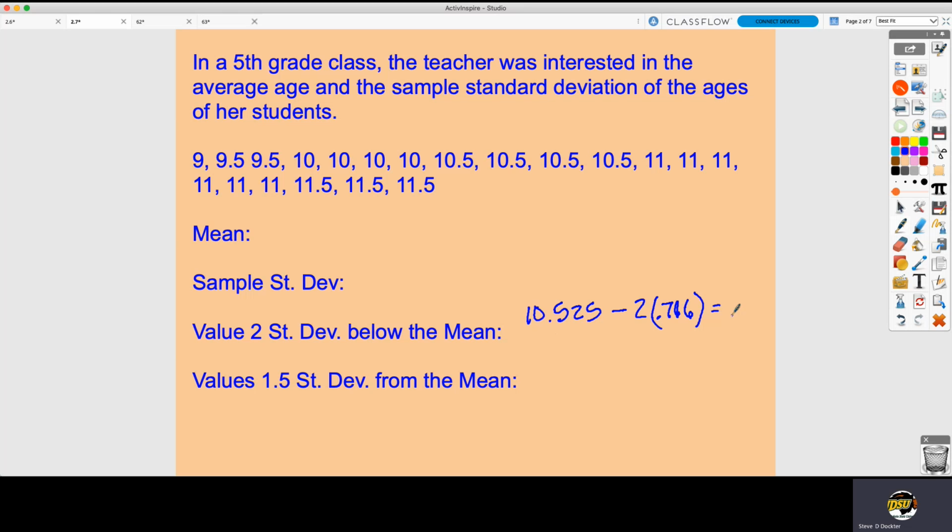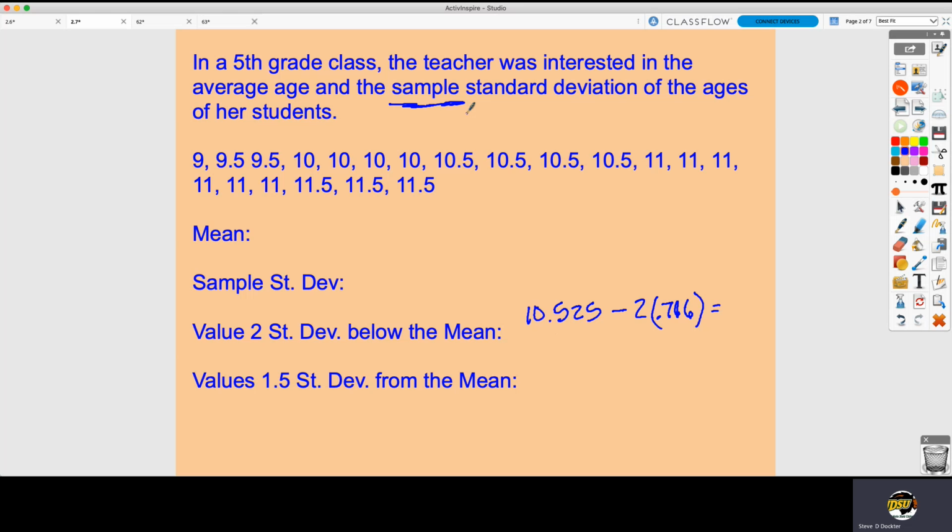Because that's what this question was asking. It was asking for the sample standard deviation right there. In the problem itself, it says that this is just a sample of all fifth graders. They would have to tell you whether it's a sample or the entire population.